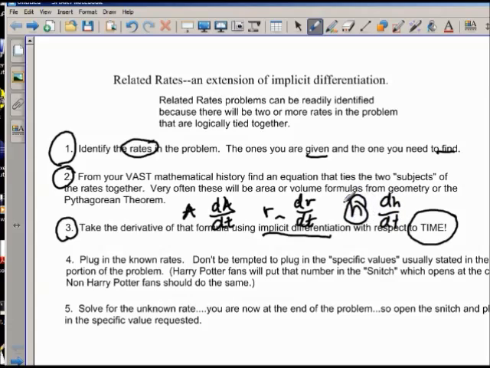Use your chain rule, and you can take the derivative of these quantities with respect to time. Plug in the known rates. Don't use a specific value, usually stated in the final portion of the problem, and solve for the unknown rate. After you get the unknown rate, it can be used to find the rate at any specific time. That's when you plug in the specific value. I hope that this is enough to help you if you get stuck.